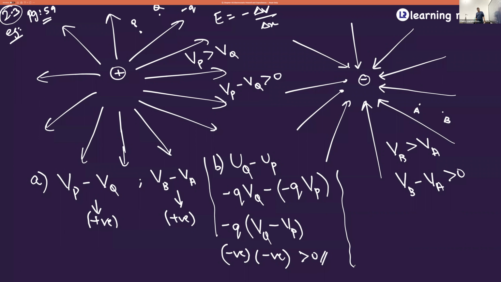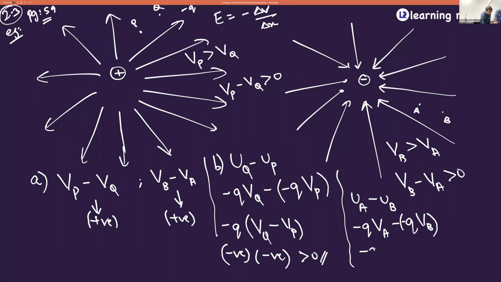Okay, this problem is very important. Make a note of this. And they asked between A and B. Listen to this. So UA minus UB, same logic. Minus q VA minus of minus q VB.